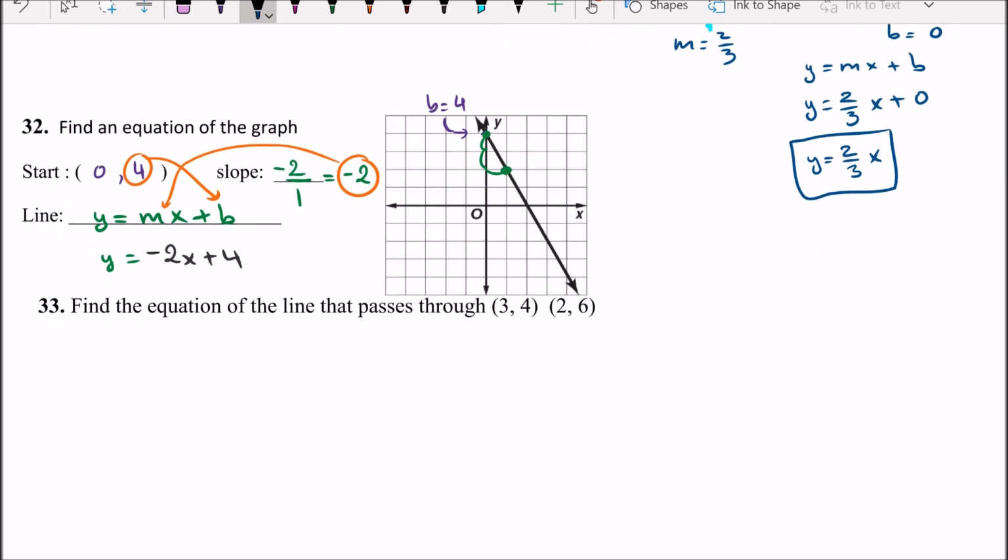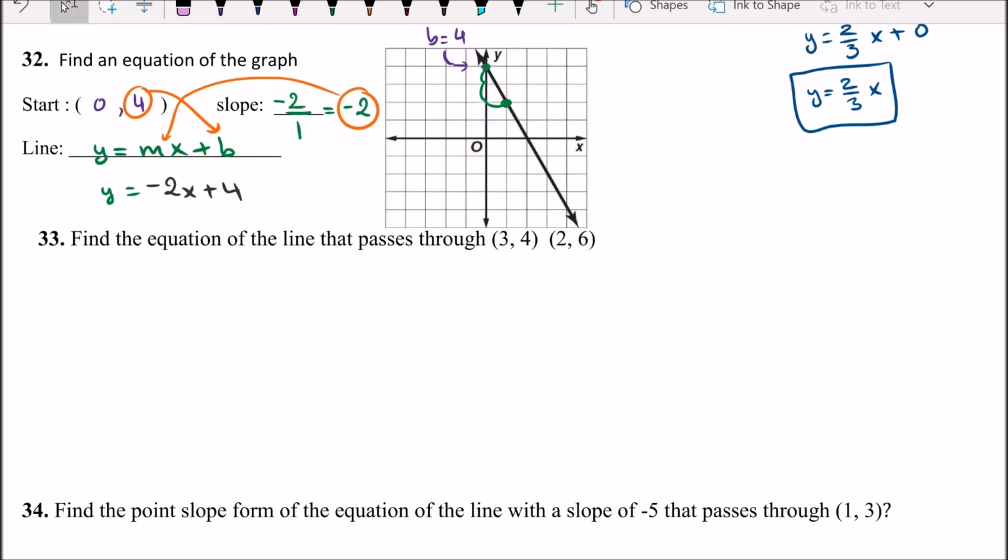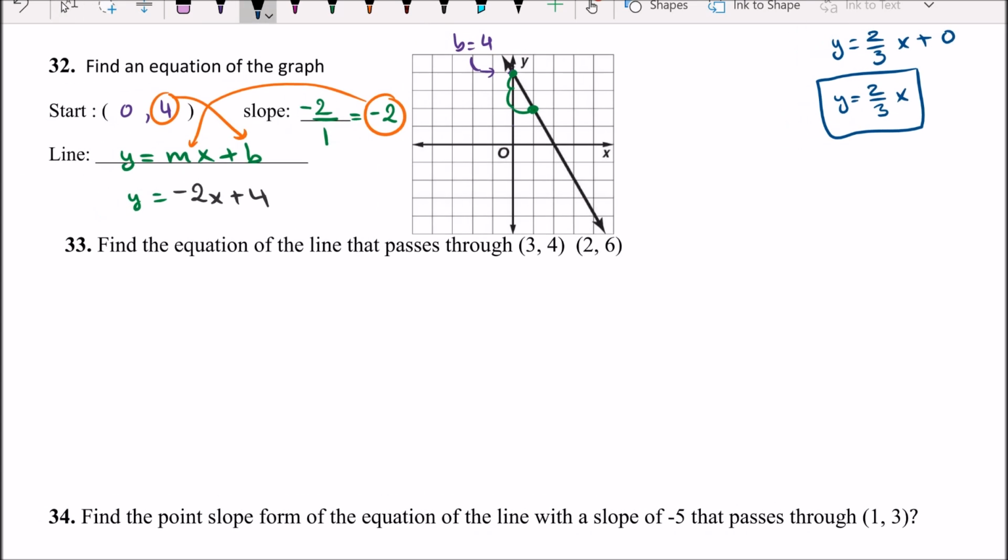Alright, number 33. Find the equation of the line passing through (3, 4) and (2, 6). To write an equation, you need a slope. From 2 points, we can find the slope by using the slope formula: m equals y2 minus y1 over x2 minus x1.